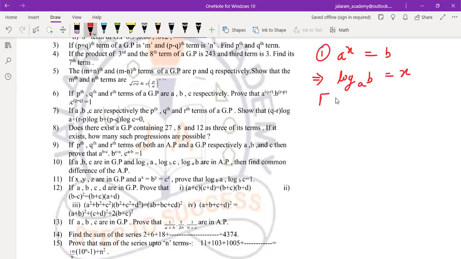For example, if we write 4 square equals 16, to convert it to log, we write log 16 to the base 4 equals 2.